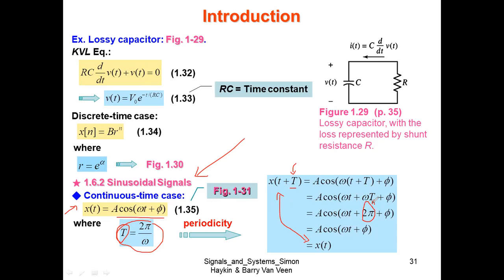Remember, we did this exercise earlier when we were studying periodic signals. From this equality, the expression for period has been taken. That's about sinusoidal signals. So how is it going to be different in discrete time?